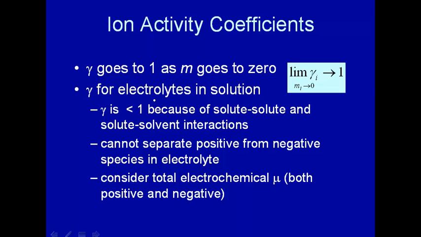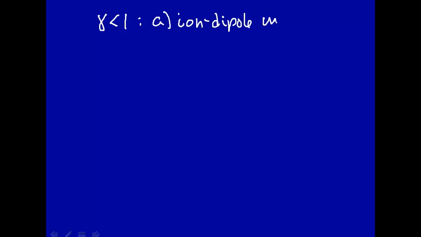For electrolytes, for ions in solution, the activity coefficient will be less than 1 because of solute-solute and solute-solvent interactions. So gamma is less than 1 for two reasons. First of all, you have ion-dipole interactions of these ions in water.